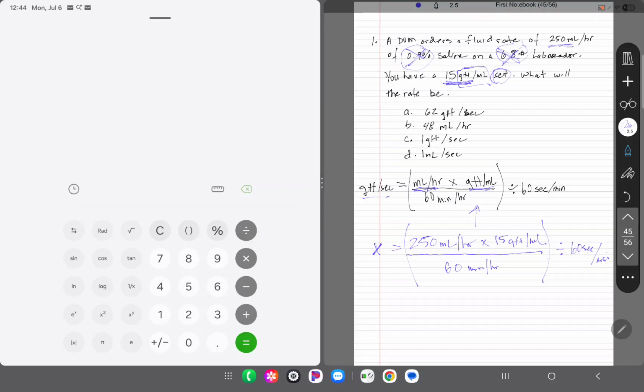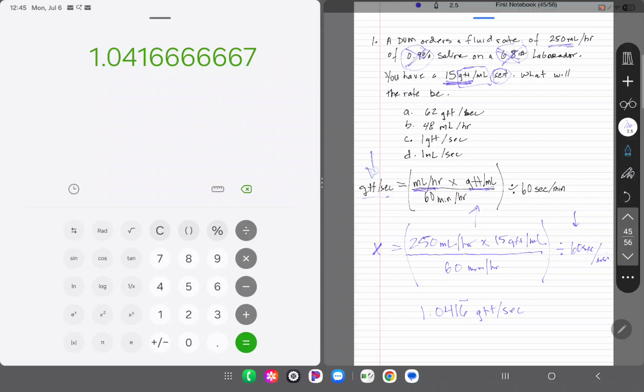Now we go to our calculator. 250 times 15, because you always do the top pieces of your equation first. And you get an answer. And then that's going to be divided by 60. Fabulous. Now we've done everything in the brackets, and the only thing left outside of the brackets is this piece, also divided by 60. And you are left with 1.0416 repeating. And that's going to be the answer of GTT per second.